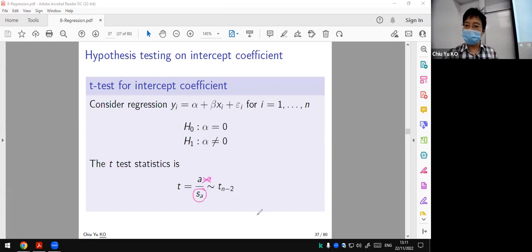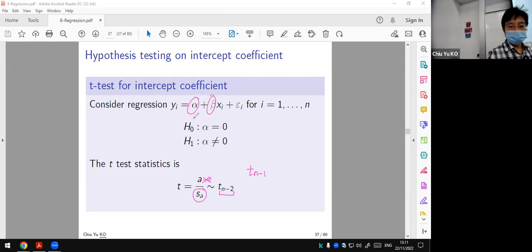Probably the only thing that requires some distinction is this n-2. In general, it's n-1, but in this model, as I said, you estimate two things. So that's why you have n-2 here. And in general, that's how you count the degrees of freedom.